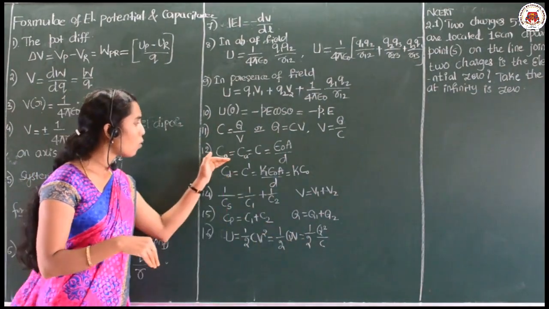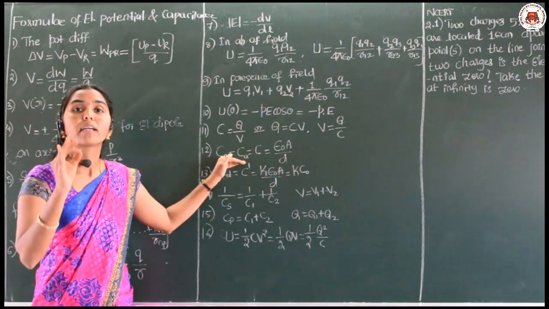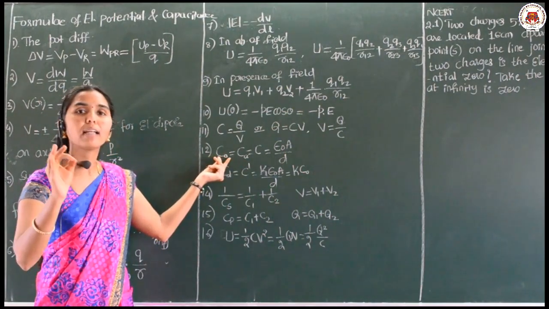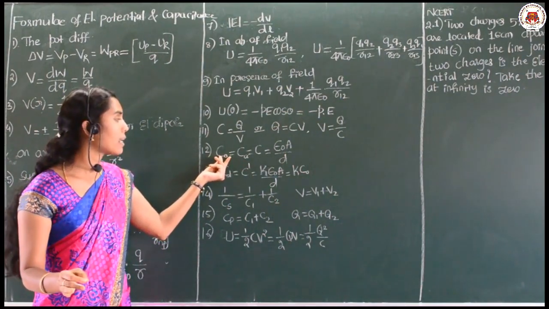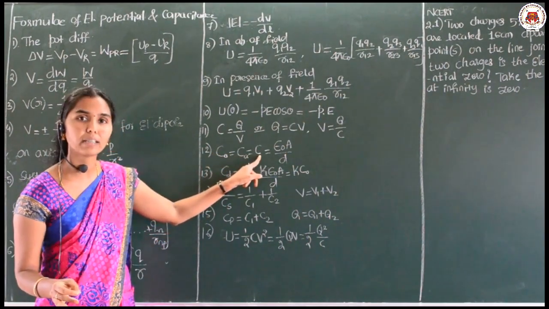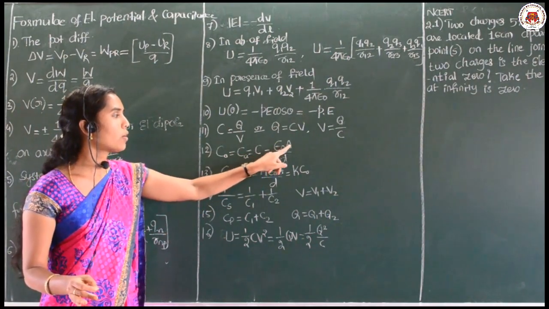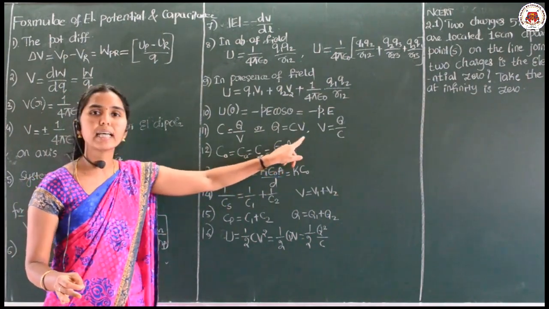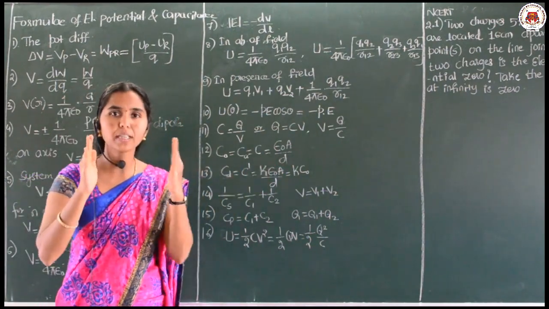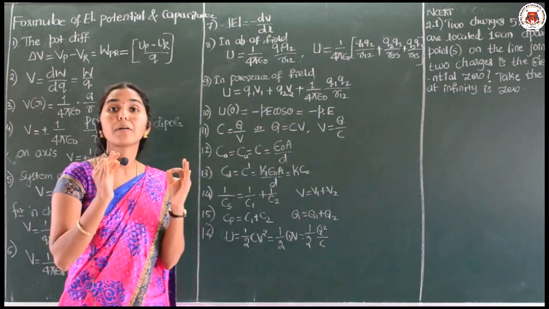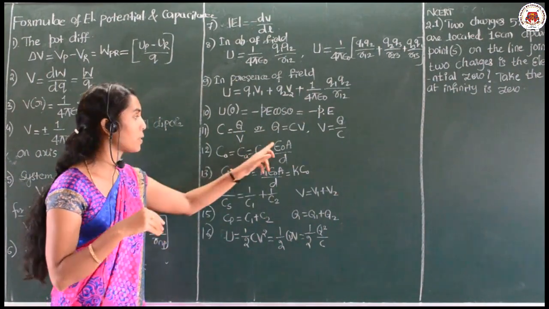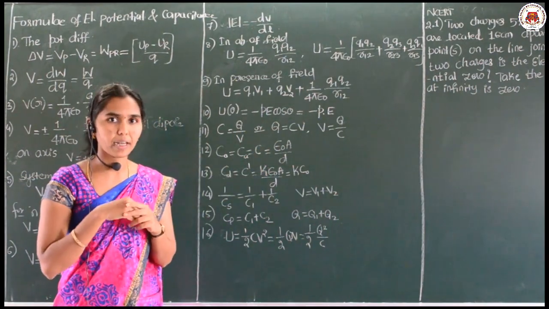So now the formula for a parallel plate capacitor: the capacitance when air is present, which can be taken as C0 or Ca or simply C, is equal to ε0A/d, where A is the area of cross section of the parallel plate, d is the separation between the plates, and ε0 is the permittivity of free space, right.